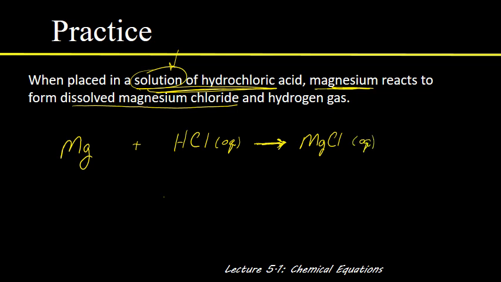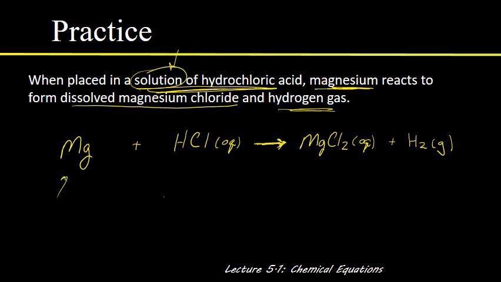All right. And then you need to go back and think about what we learned in ionic nomenclature. Remember that magnesium is a +2 ion and chloride is a -1 ion. So the correct formula for magnesium chloride is MgCl2. Okay. And then the other product is hydrogen gas, which we know is a diatomic gas, right?